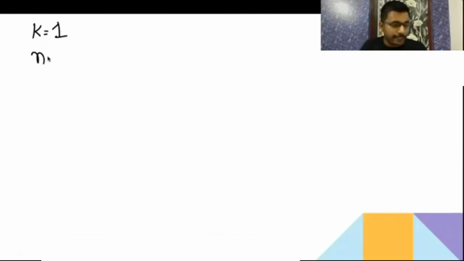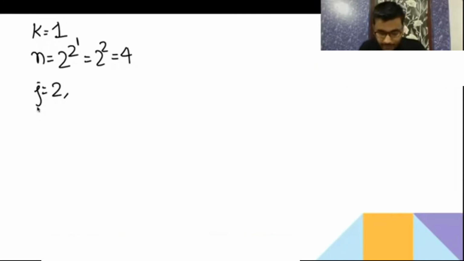Okay, then n is going to be 2 to the power 2 to the 1, so it is going to be 2 to the 2, that is 4. Okay, so the for loop is going to execute 4 times. Now how many times will the while loop execute, for the value of i equal to 1, then 2, like this. So if you see, first j is going to 2, yeah, done.